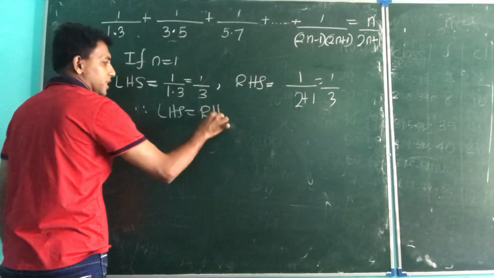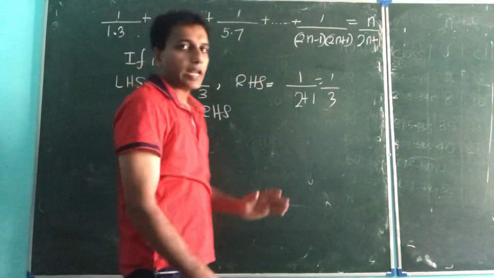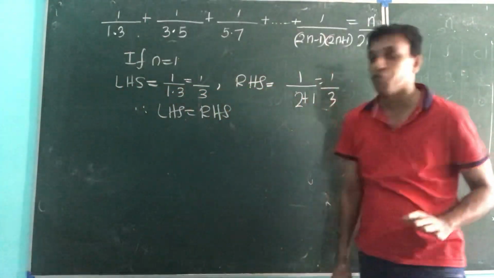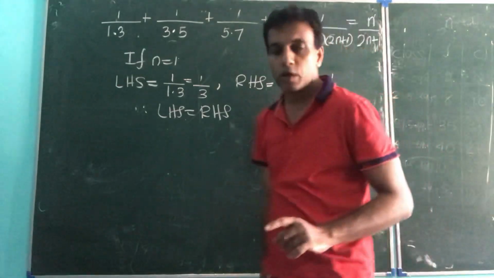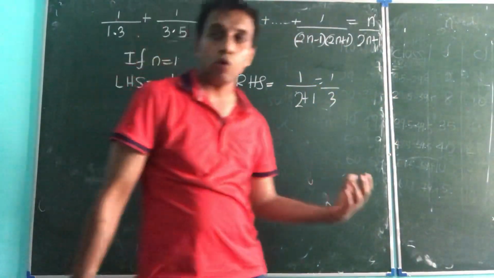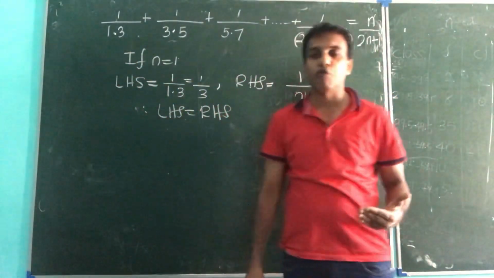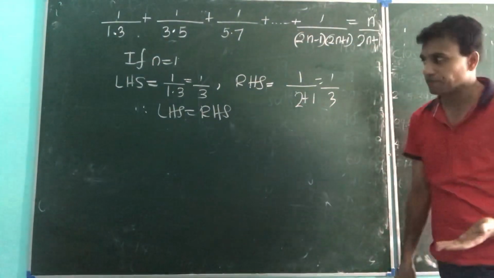Therefore, LHS equal to RHS. That means the given statement is true for n equal 1, right? Therefore, you can write down, the given statement is true for n equal 1.